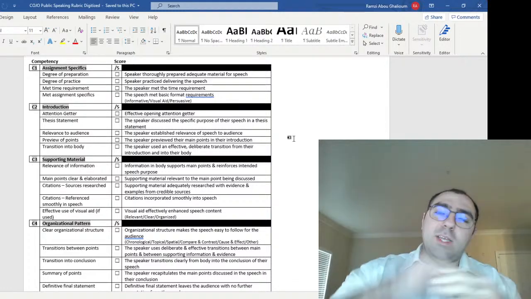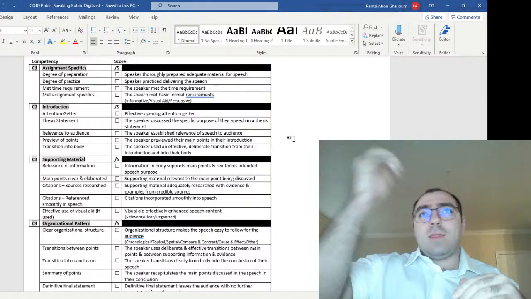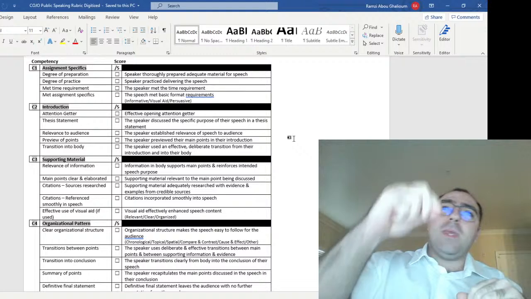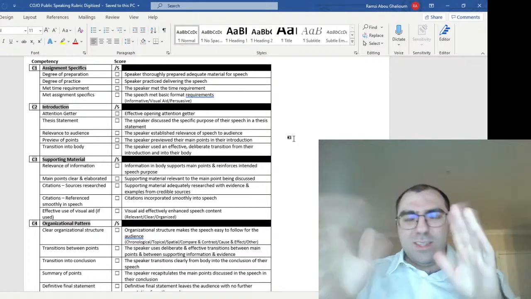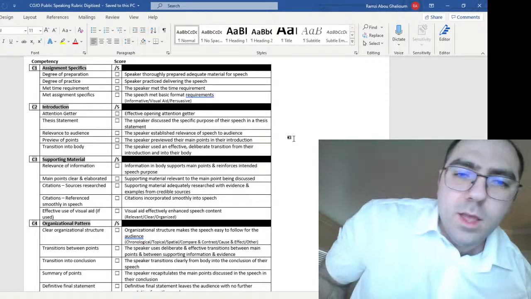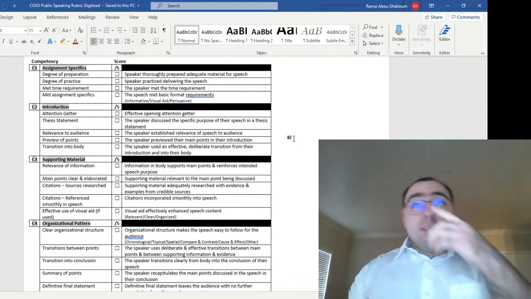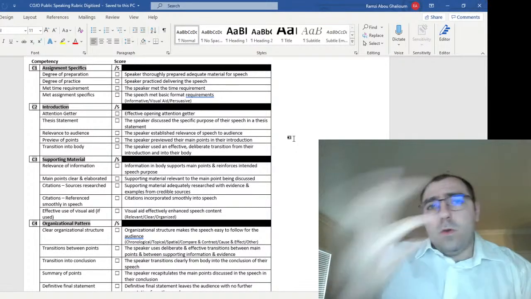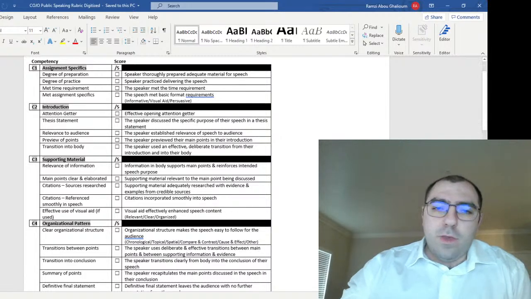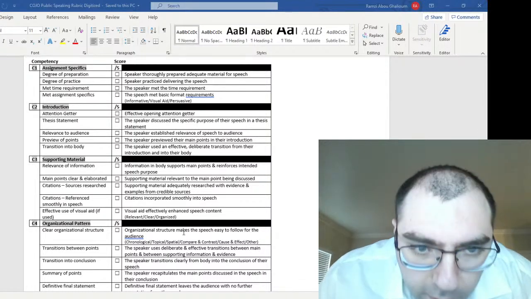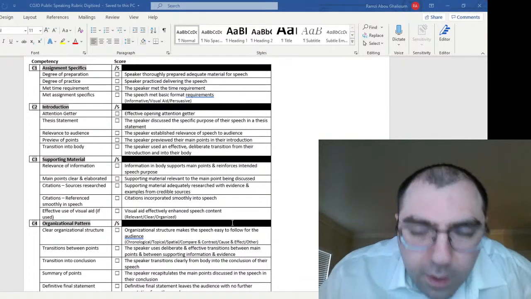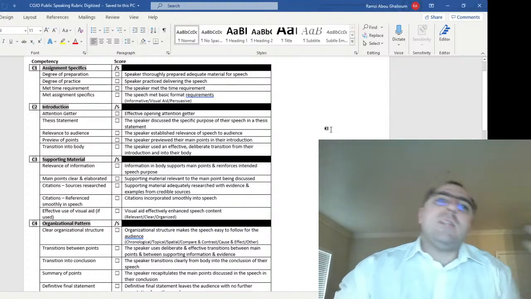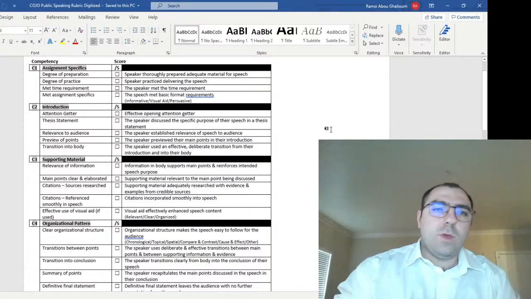So you're going from D to C in 12 points, but then in 13 points you're going through C, B, and A. All right, so the grading scale is a little odd for this thing, but the way it's designed is to give you guys a little bit of a break, so that you can miss 7 points on the speech and still get an A. All right, it's sort of designed with that in mind.